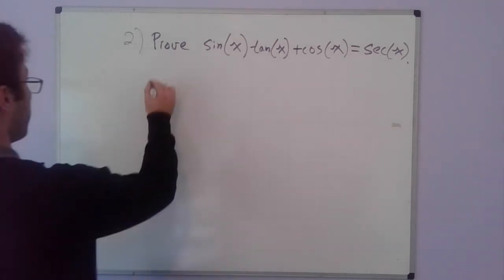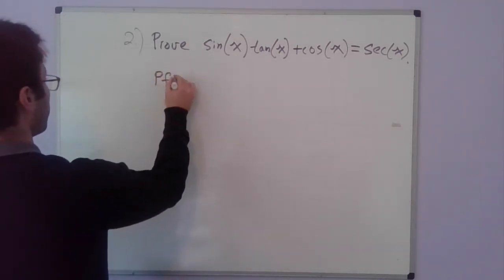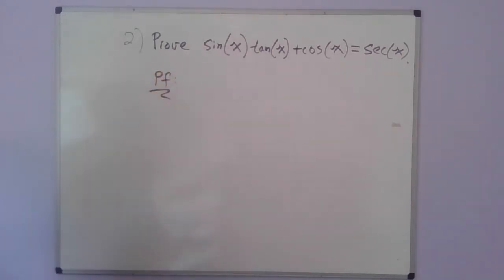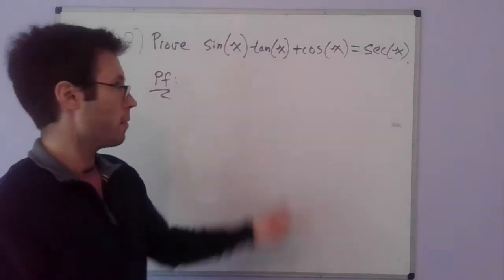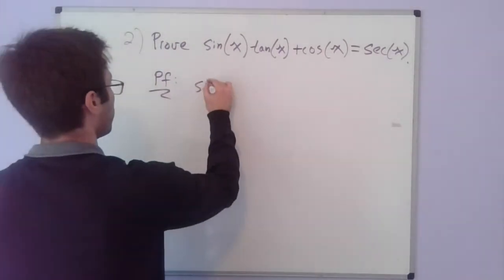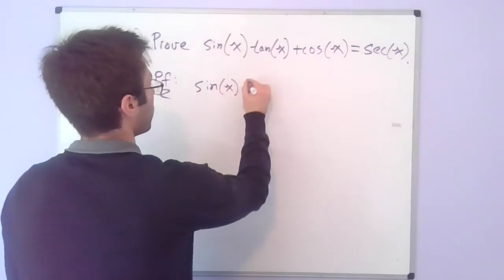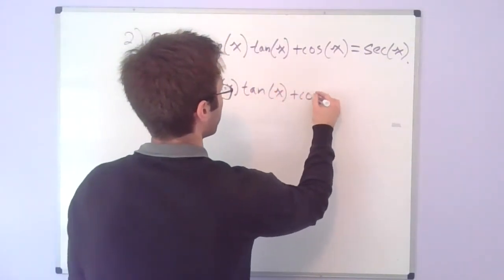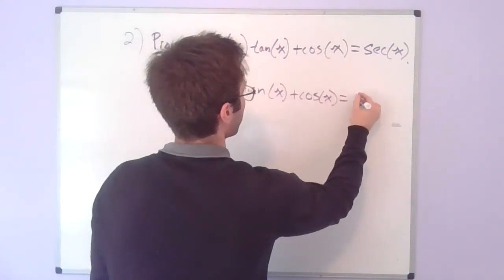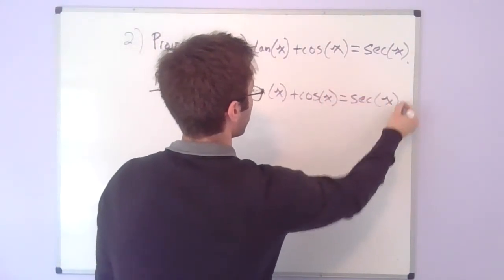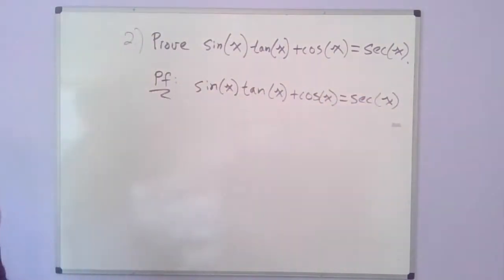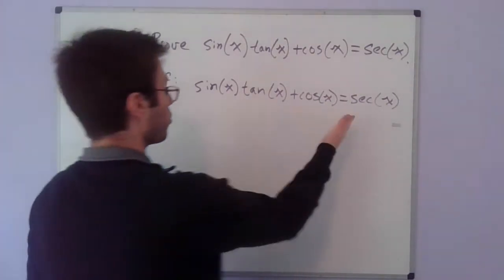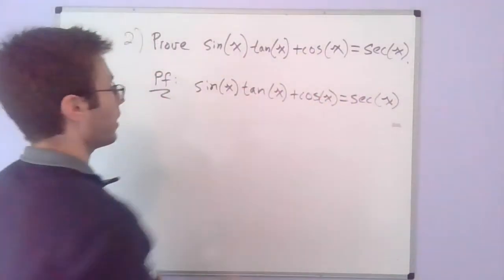All right, so I write proof. Can I just write that equation right away? Can I write this whole thing to start off? Can I just write it like that? No, I can't write that. I'm trying to prove that, so I can't just write the whole thing to start.